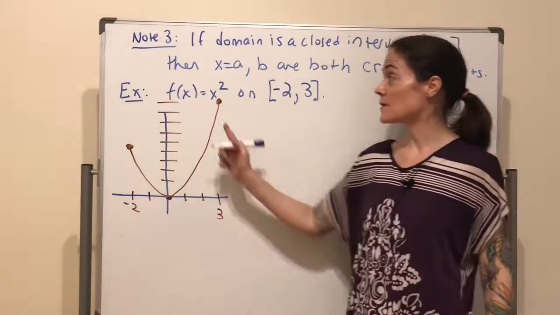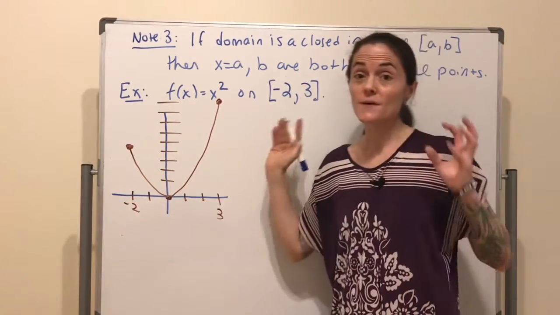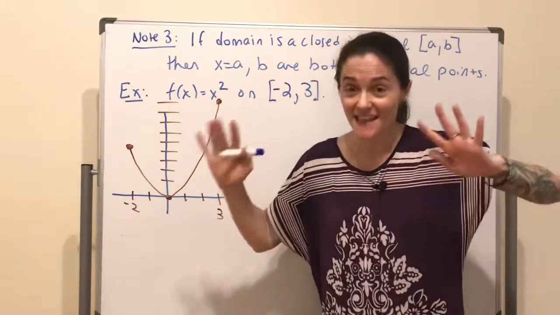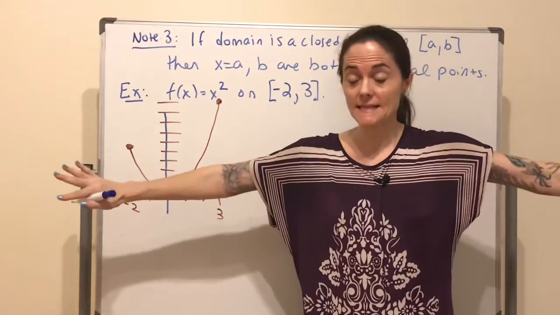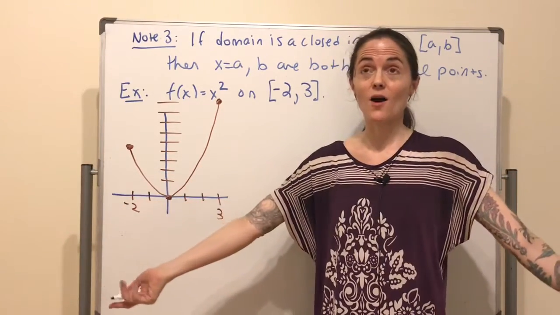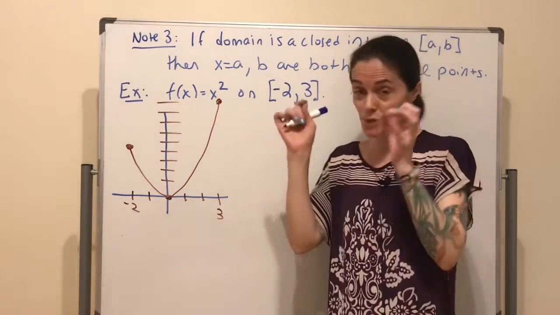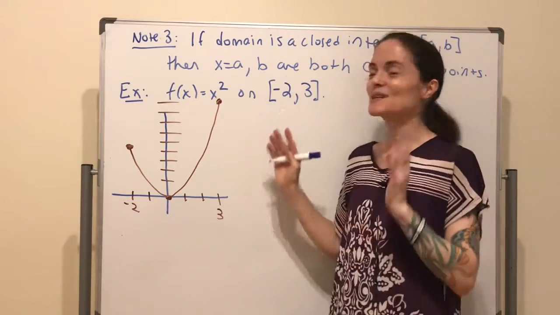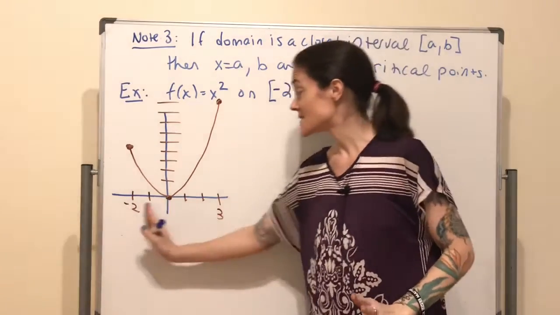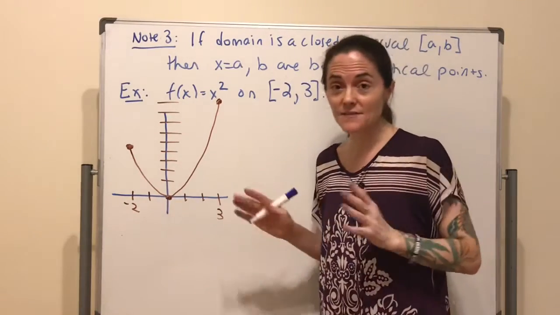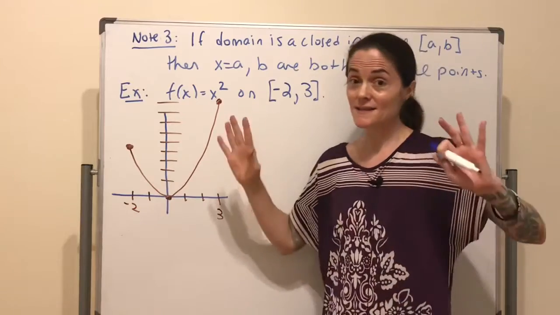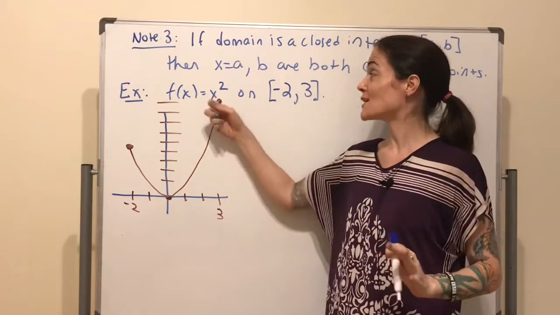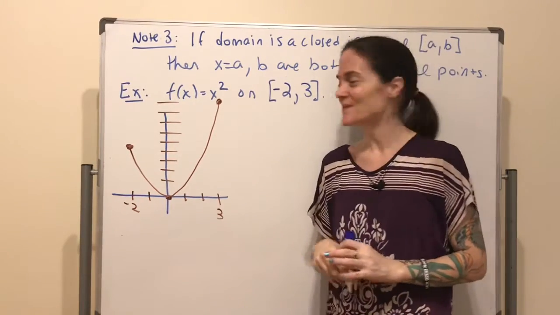Here's an example of using a closed interval. So I'm looking at x squared, but I'm not looking at x squared on its natural domain of all real numbers. I'm looking at it on this restricted domain of this closed interval, -2 to 3, and I have it graphed here. So this part of the graph of x squared is my whole function. Okay, I'm only looking at this on the closed interval.